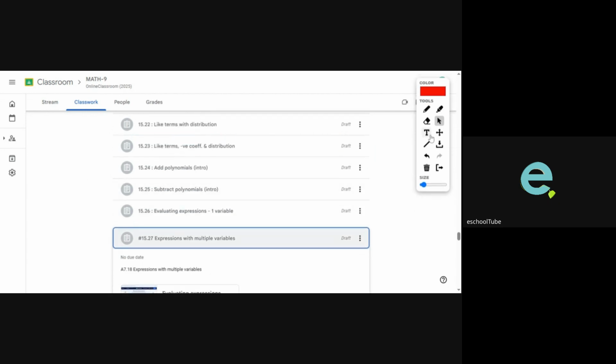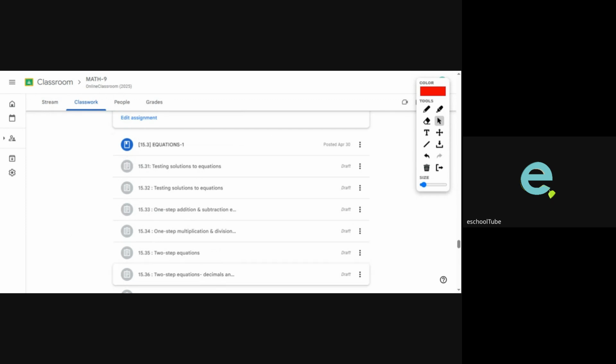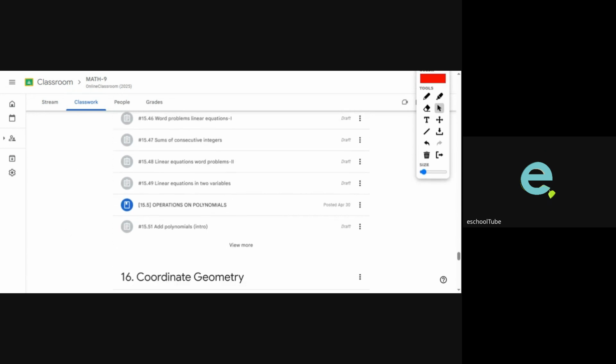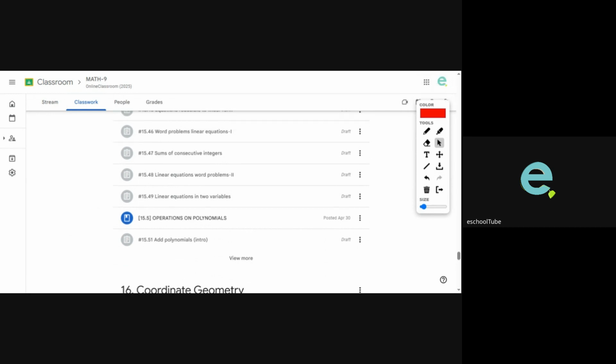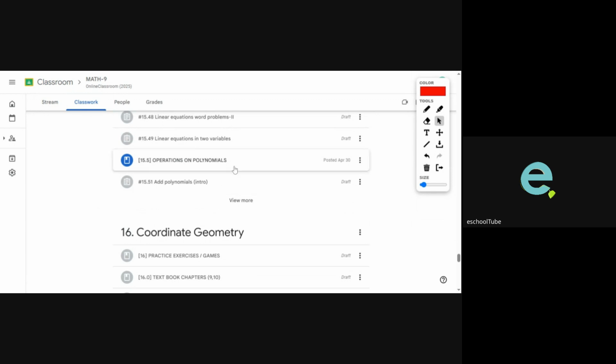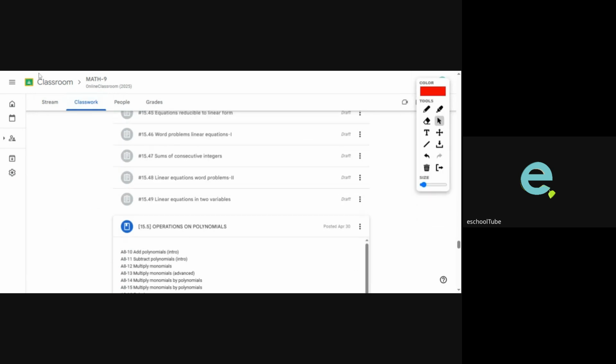So I would like you to do all these exercises so that we move on to equations and then we go to equation 2. इसमें बहुत सारा है और ये आगे 10th में जो 10th के हैं उनके लिए आगे है. So just do it quickly, these exercises. Then we will do difficult questions for 10th class.